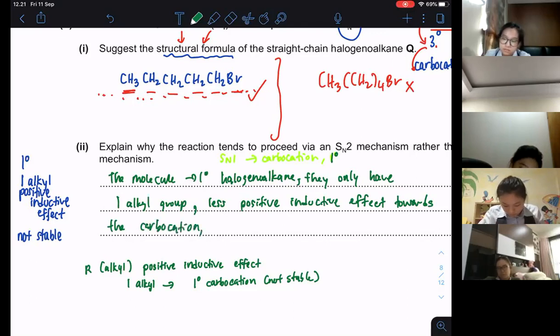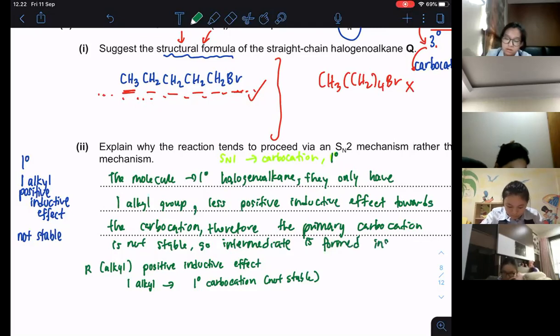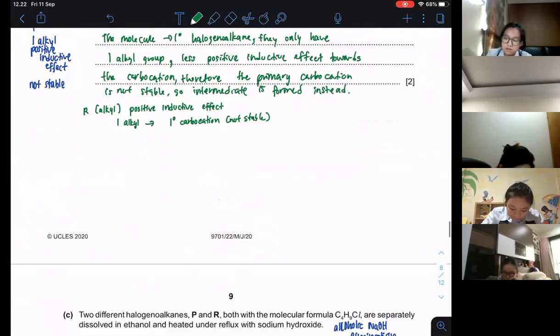Therefore, the primary carbocation is not stable, so an intermediate is formed instead. If you want to know more about the mechanism of the reaction, or more about SN1 and SN2, refer to my video.